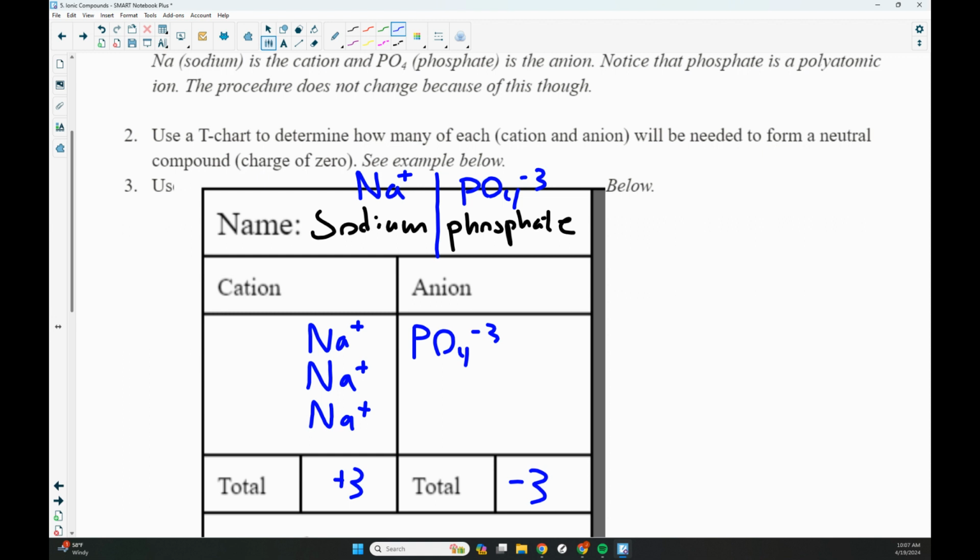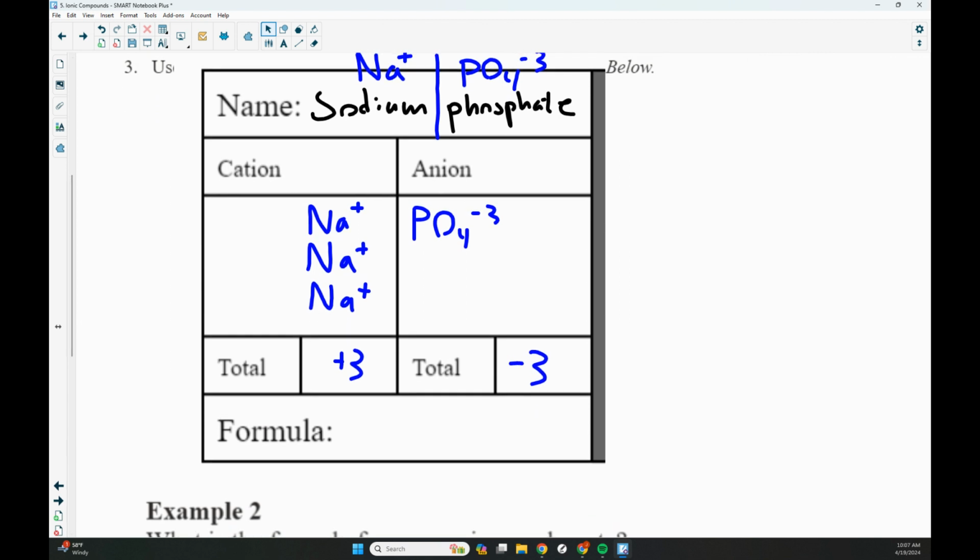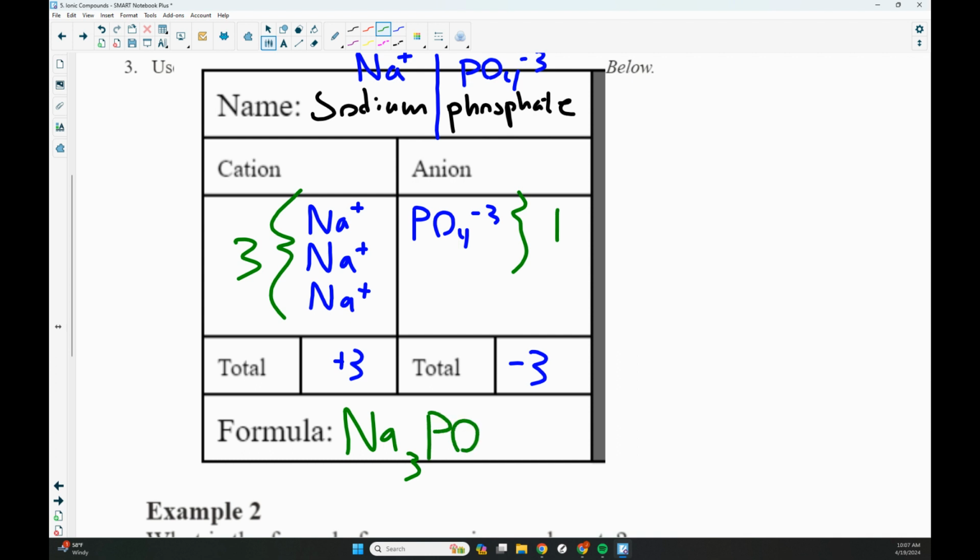Now we have a neutralized compound, so the formula is going to be 3 sodium atoms, Na3, and just 1 phosphate, so PO4, and we don't put a 1 as a subscript, we just leave it as is. So that is the formula for sodium phosphate.